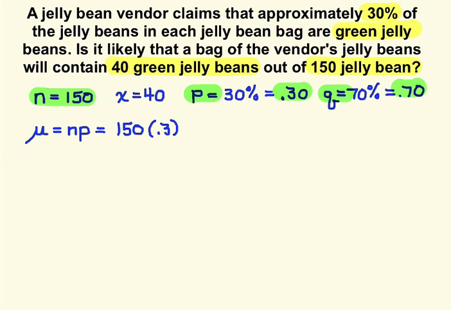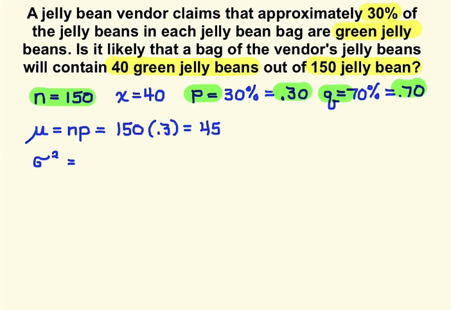So we're going to multiply 150 times 0.3. We know 15 times 3 is 45, but sure, you can certainly put this into your calculator, 150 times 0.3, and you're going to get 45. So 45 jelly beans is the expected value of green jelly beans out of 150 in the bag.